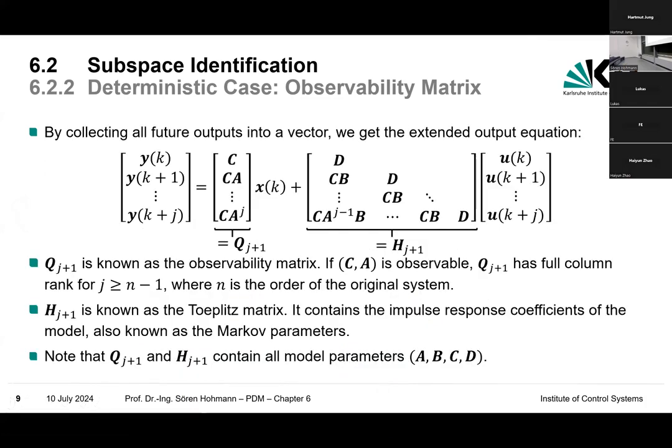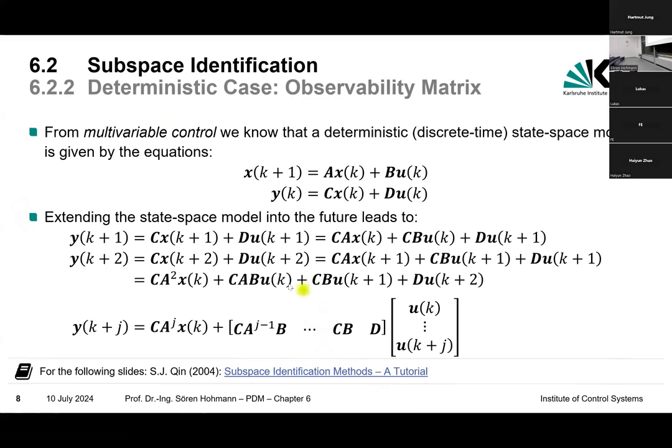I stack everything in one big vector to describe y in the steps y(k+1), y(k+2), etc. And you see here CA squared, CA to the power of 3, until I end up with CA to the power of j times x(k), and then a specific matrix which includes all the entries here.